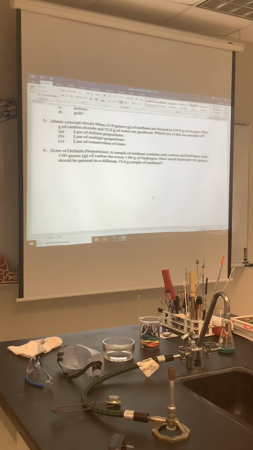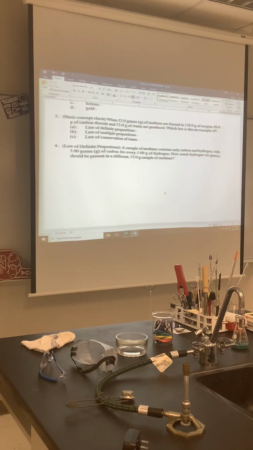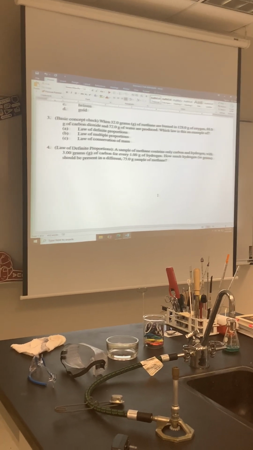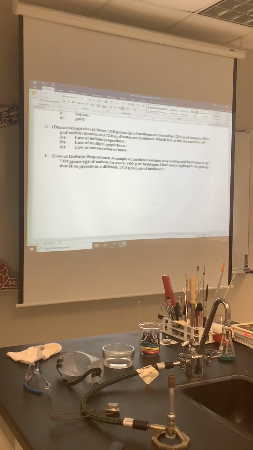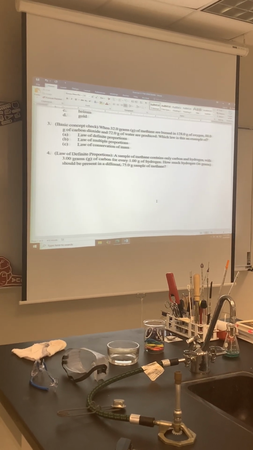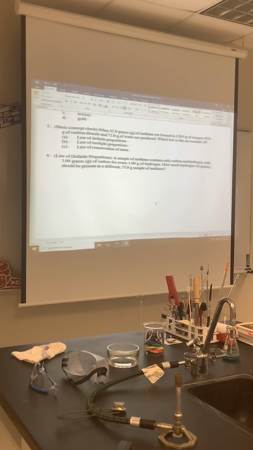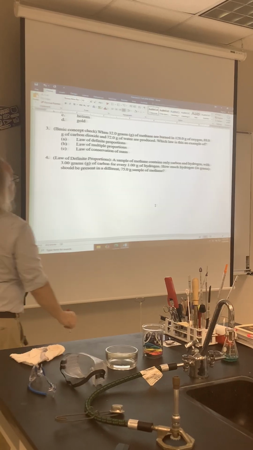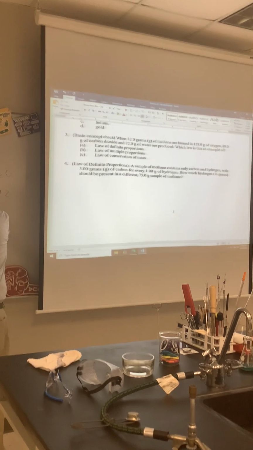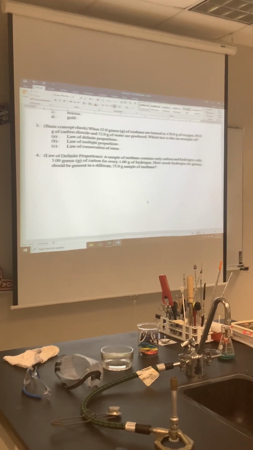No matter what your numbers are, because the numbers vary from semester to semester, I had 32 grams of methane and 128 grams of oxygen. If you add those up, that adds up to 160 grams. And I produced 72 grams of water and 88 grams of carbon dioxide.